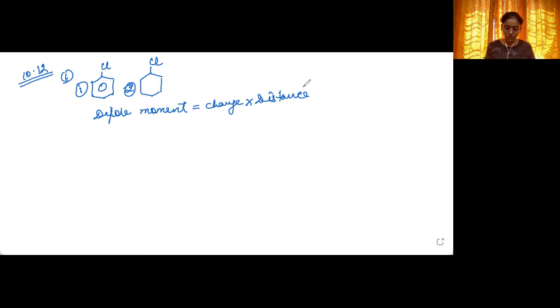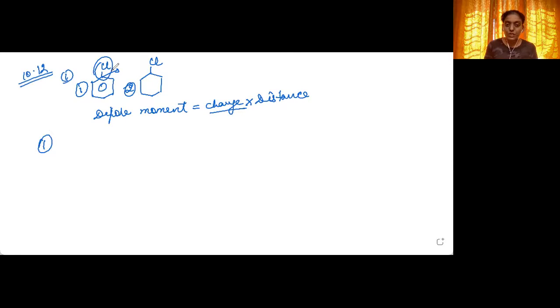Now, let's see what the charge is on the two atoms, carbon and chlorine, in these two cases. Greater the charge, greater is the polarity, greater is the dipole moment. Now, consider the first molecule. First of all, we will look at the hybridization of the carbon atom to which the chlorine atom is attached.